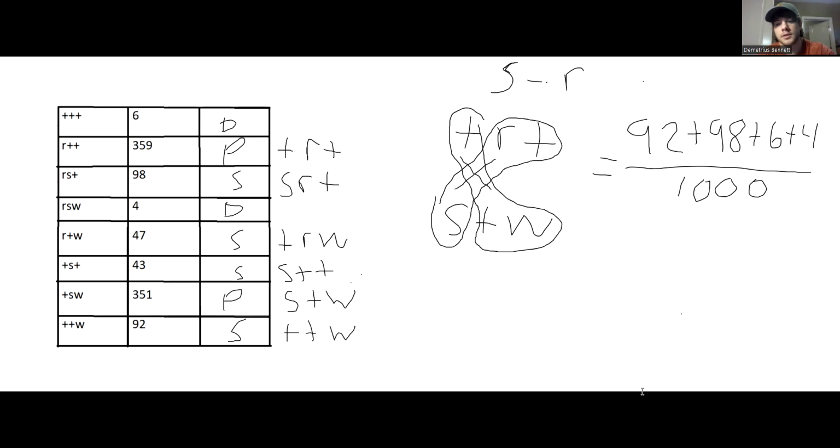If you put this in your calculator, it comes out as 0.2 morgans. Usually, like I mentioned before, you want to multiply this by 100 for your assignments to get centimorgans, which is just 20 centimorgans. And so that's the distance between S and R. Now we need to do it for R and W. So I'm just going to erase this here.